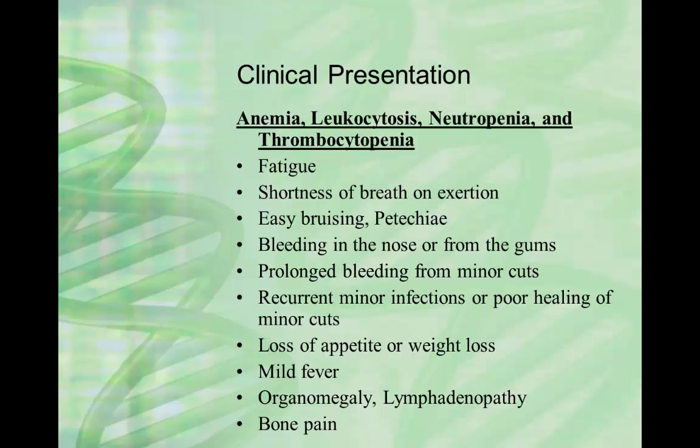The symptoms, basically, if you concentrate on the myeloid lineage, they're going to have anemia, leukocytosis or leukopenia, and thrombocytopenia.